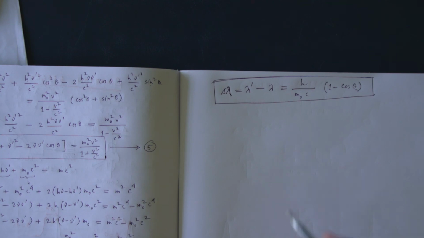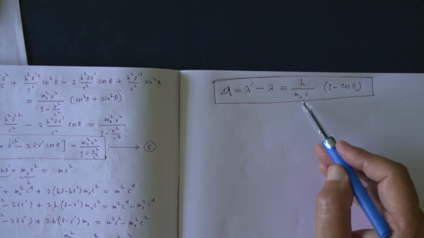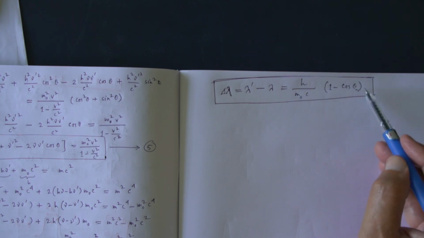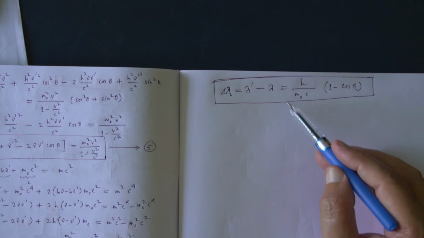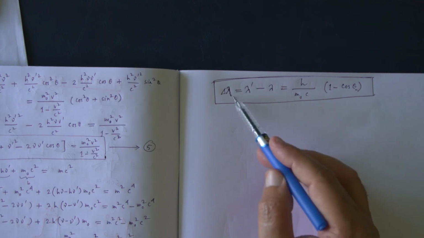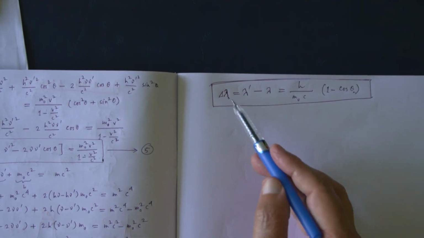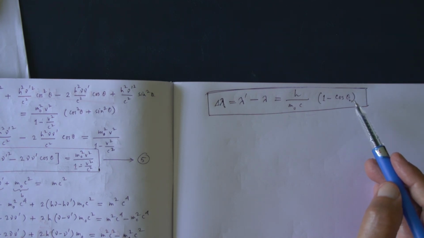Besides, you see that Δλ does not depend on the wavelength of the radiation. There is no expression for wavelength. So Δλ is independent of the wavelength of the radiation. Further, it depends on the angle at which scattered radiation is observed.